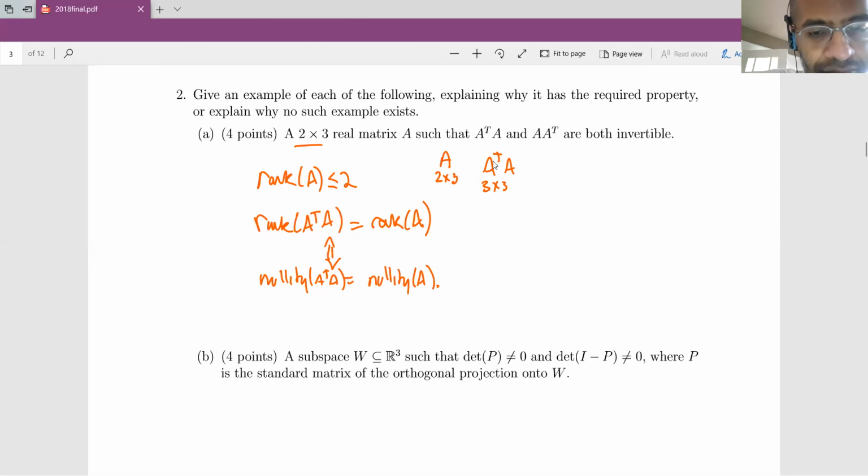Okay. Now, how do I show this? Well, there are two directions. One of these is clearly less than or equal to the other. Which one? If X is in the null space of A, it's certainly in the null space of A transpose A. Why is that?